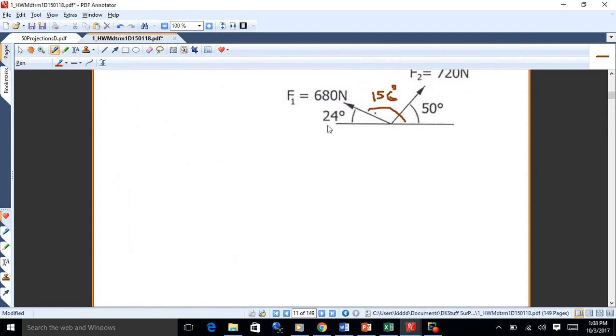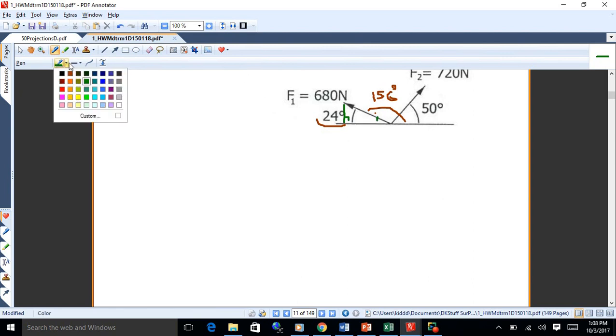Now, the other way to do it is to use the 24 degrees, which is given, and use the fact that you can break that into a right triangle just by using that 24-degree angle and the 680 magnitude. So you've got a right triangle right there. The 24 degrees is right in there.